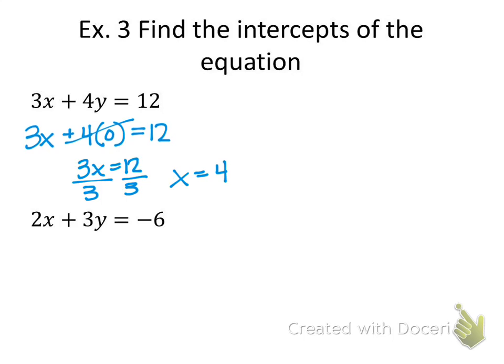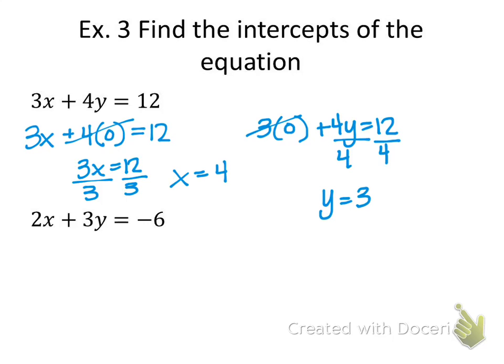Okay, let's find the y-intercept. So again, whatever intercept you're trying to find, you leave that letter in there. So I'm going to do 3 times 0, I take out the x, plus 4y equals 12. What happens to this 3 times 0? Goes away. And then I divide each side by 4, and I get y is equal to 3.